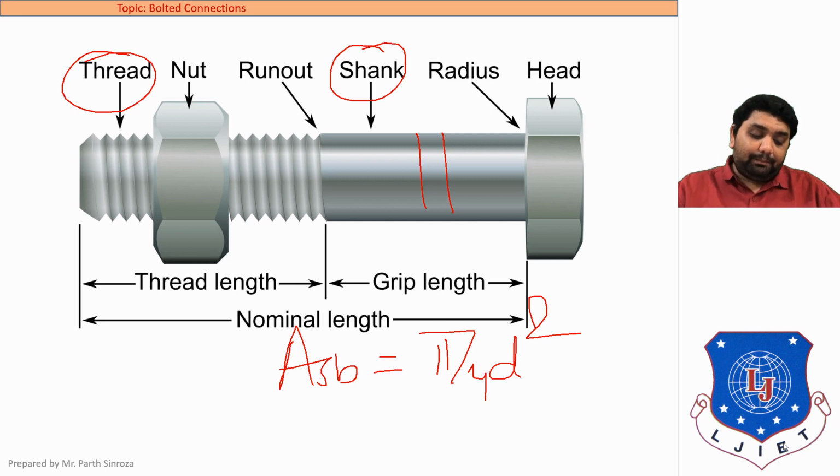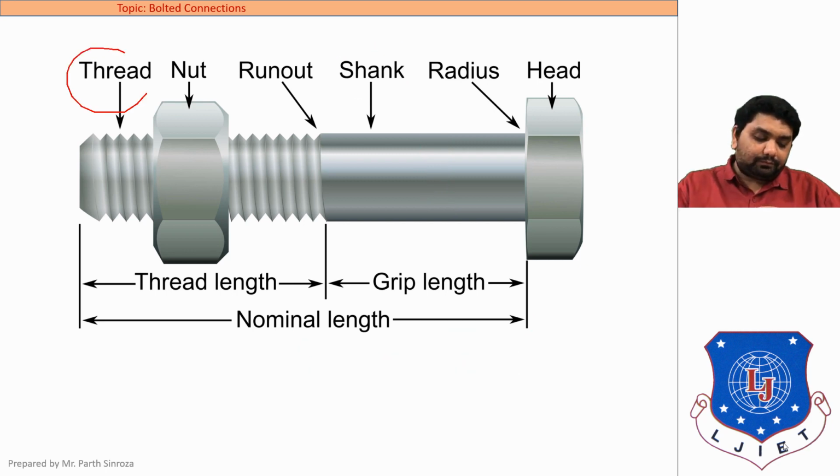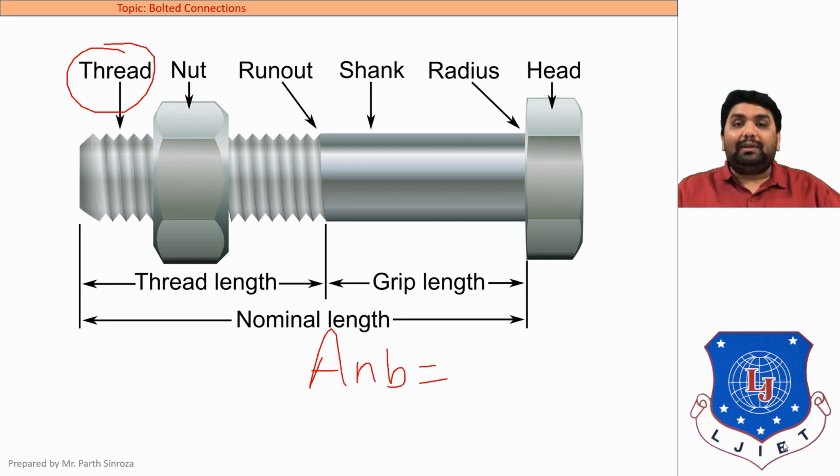Now we'll be looking at the area of thread. As you can see, the thread regions are formed by cutting the steel around it. Clear? It is not generated by placing an extra amount of steel around our main diameter. This threaded region is produced by cutting the steel in a spiral region. So the area will be less than the total area.